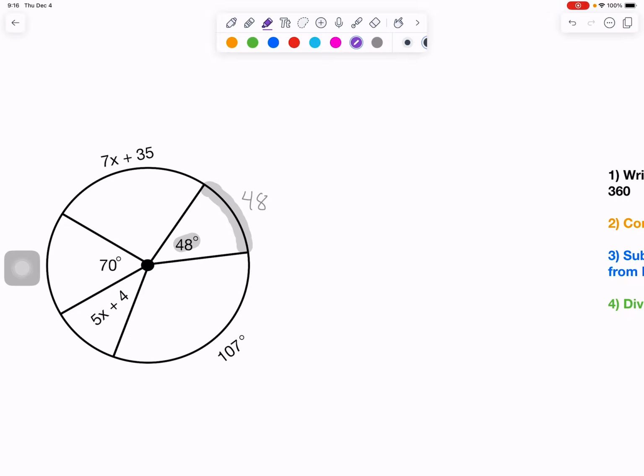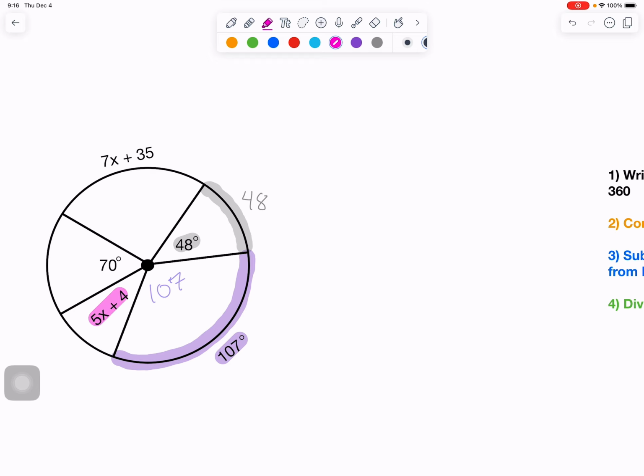Now I will move over clockwise to 107 degrees, which is represented by an arc, which also means our central angle opened up to 107 degrees. Continuing on, I'll switch over to pink clockwise, 5x plus 4.